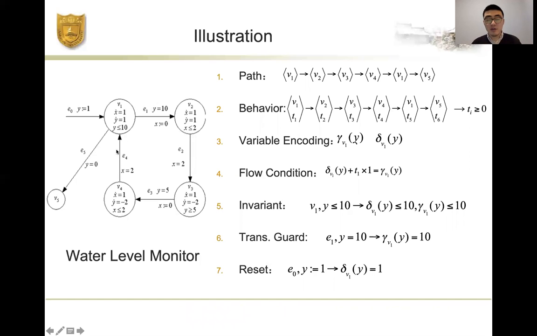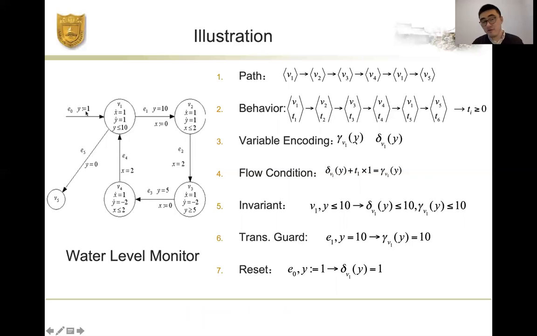For example, here's a model of a water level monitor, and it has like 5 locations. We have a variable y here, which stands for the water level in the tank, and x is a timer to see how long it has been since the last signal or something like that.